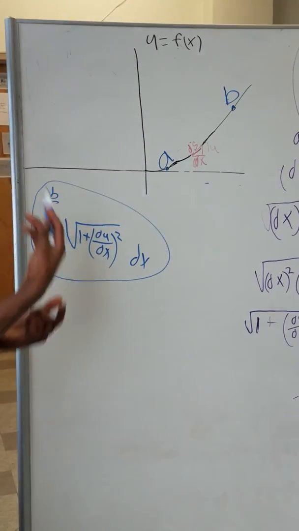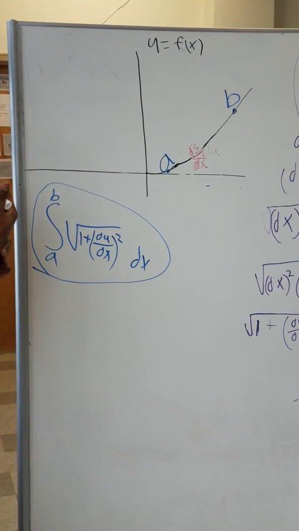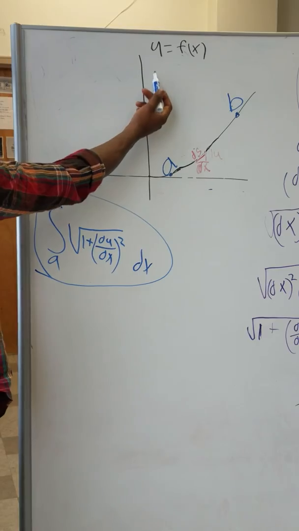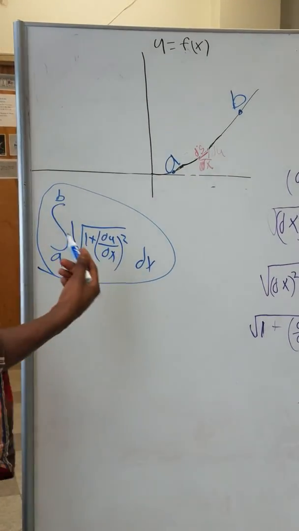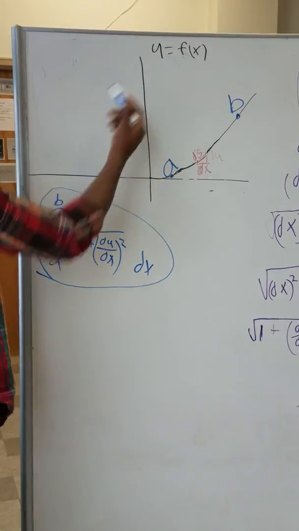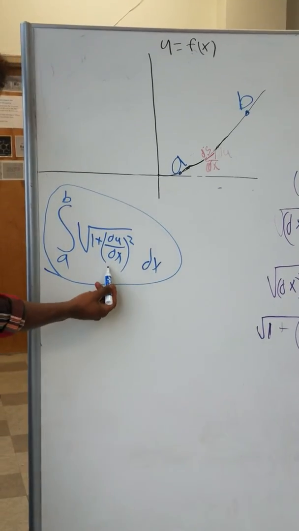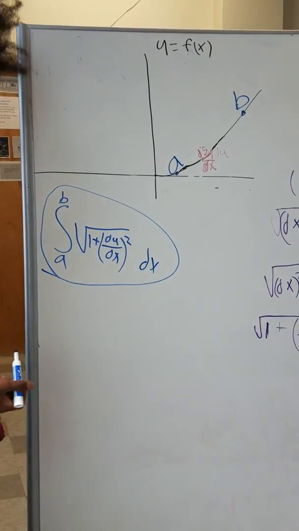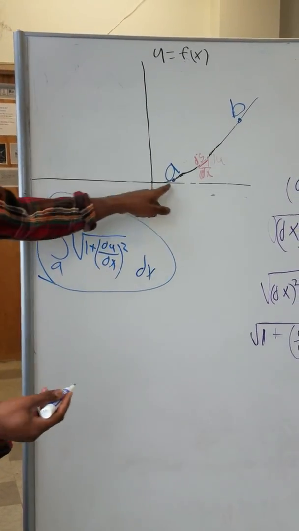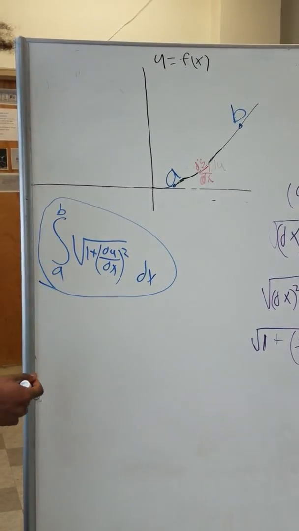Now, whenever we're presented with an equation that is y is equal f of x, all we have to do is take the derivative, plug in the derivative right here, and we will get the arc length.